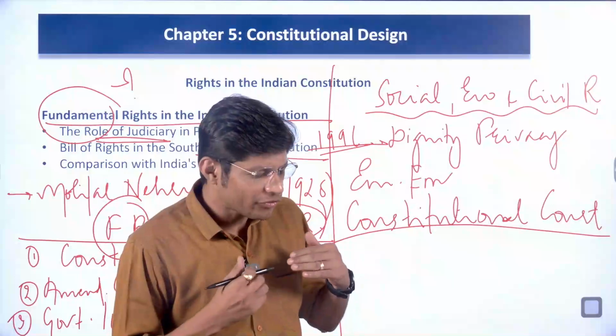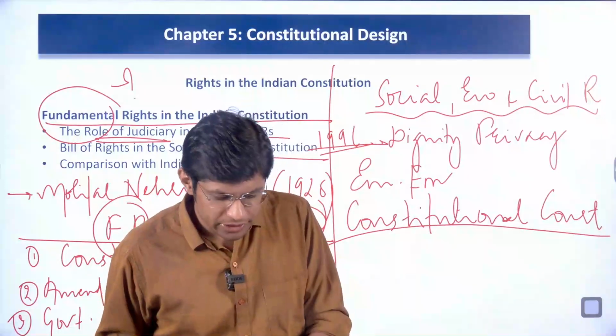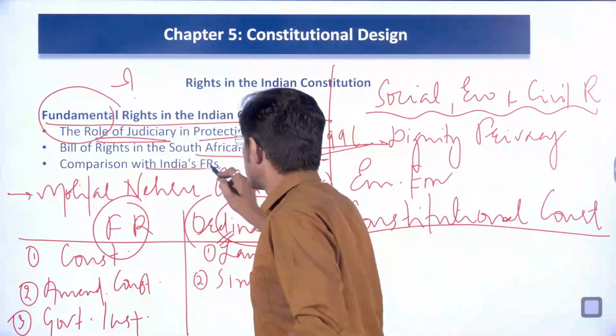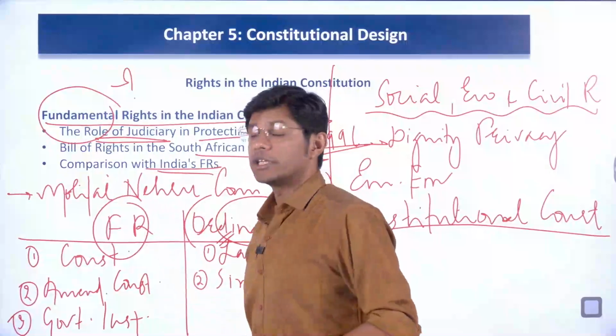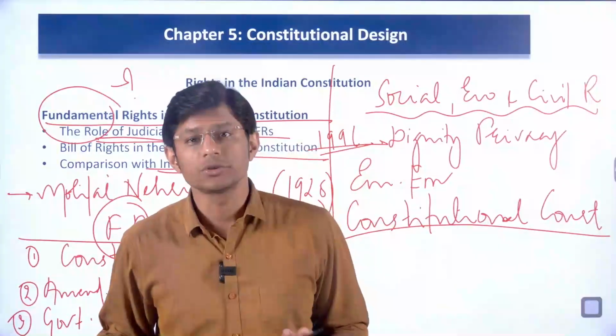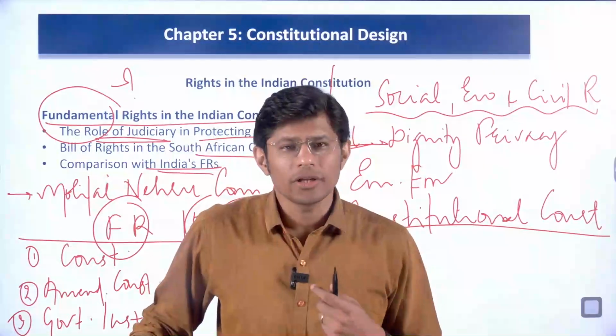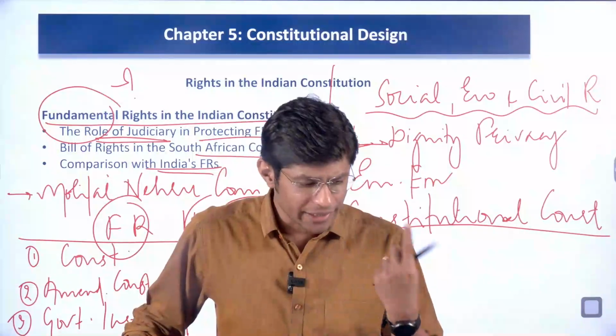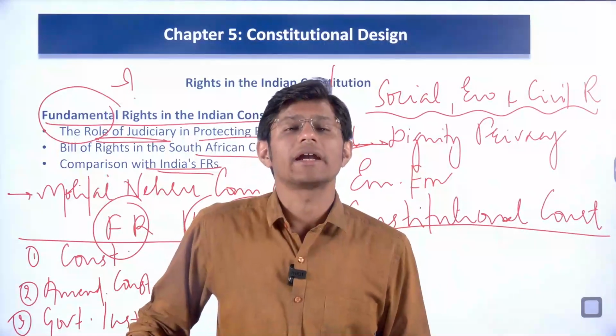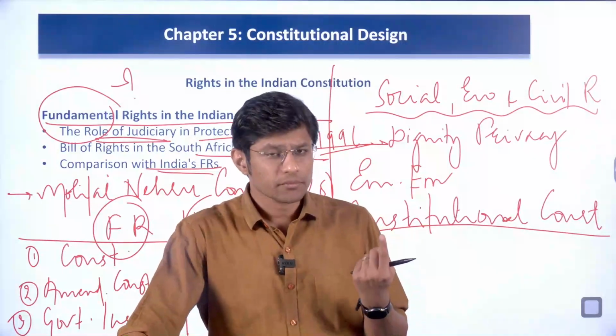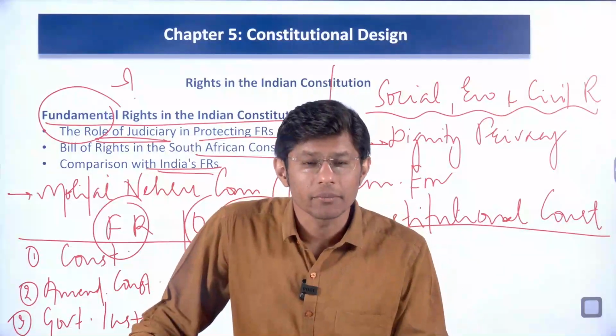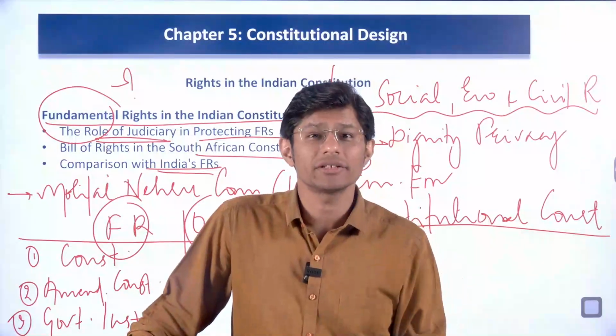So then what is the difference between the rights in the Indian constitution and the South African constitution? Now we know that the Indian constitution, like the South African constitution, guarantees a right to liberty, equality. But there's a key difference. And what is the key difference?